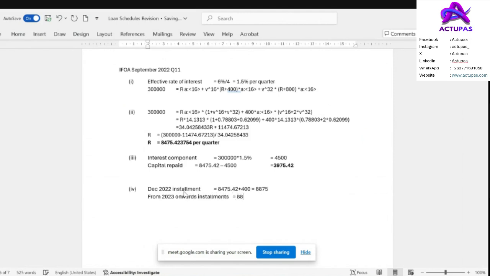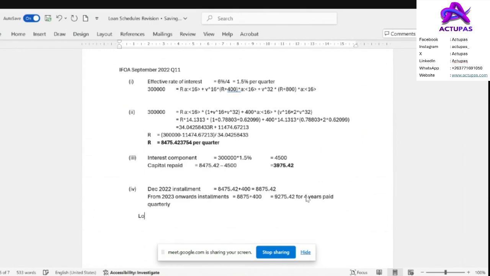So it will be 8875.42 plus 400 to give us 9275.42, and this is for 4 years, paid quarterly. So we want to find the discounted value as at 30 September.